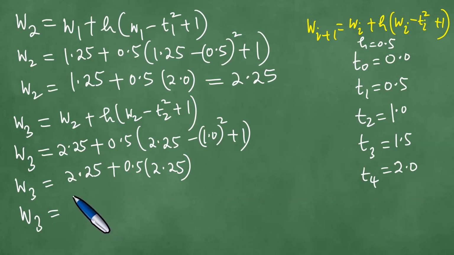W3 becomes 3.375. So this one is our W3. After we got W3, at the point we had W3, we used T2. And now we continue with the process. How would we get, for example, W4?